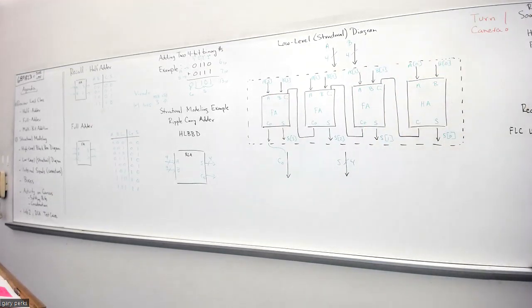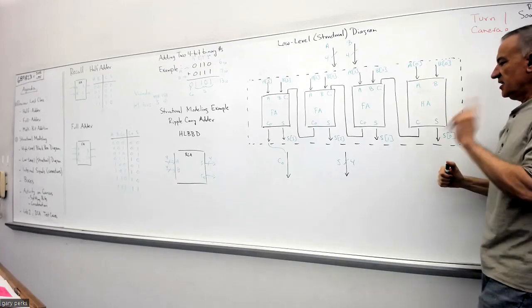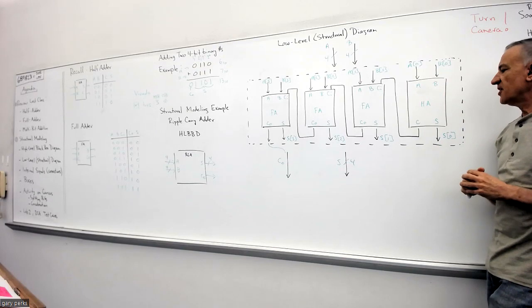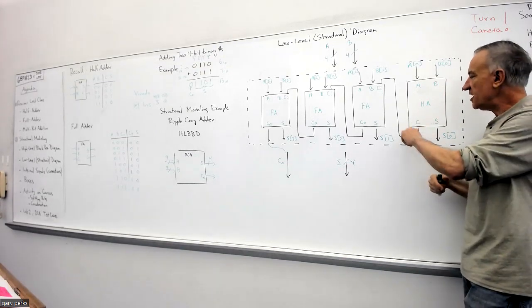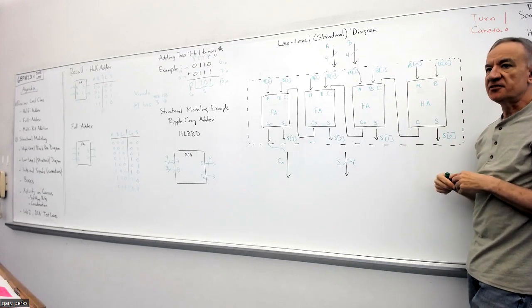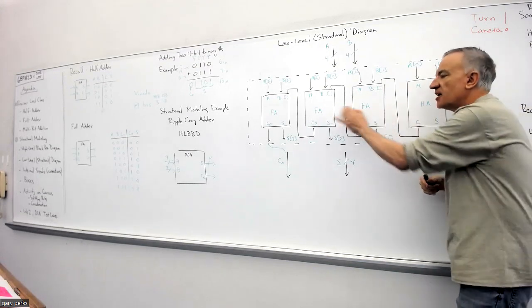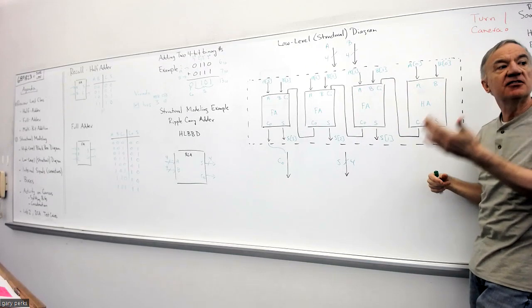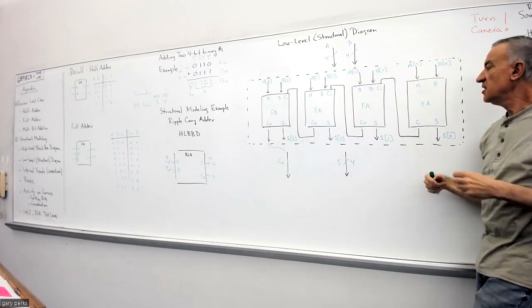All right, there's another thing here, and that's in Vivado or SystemVerilog, when you make a connection between lower level modules. Each block here, each box, we call it a lower level module.